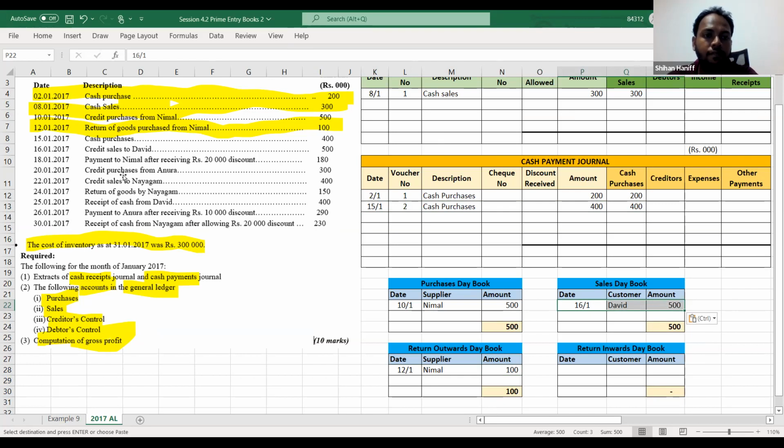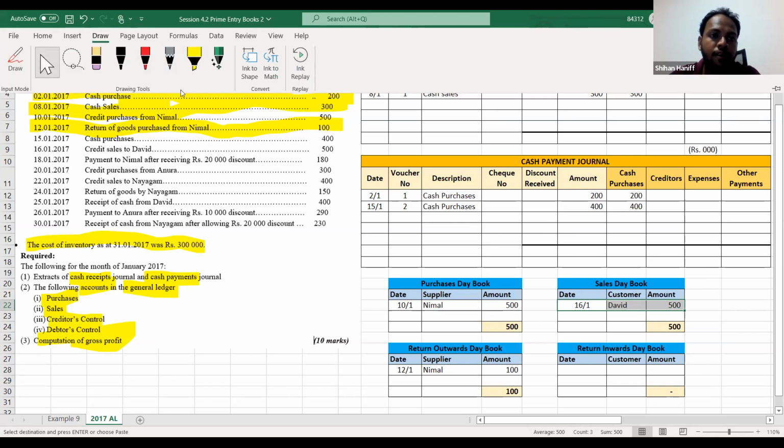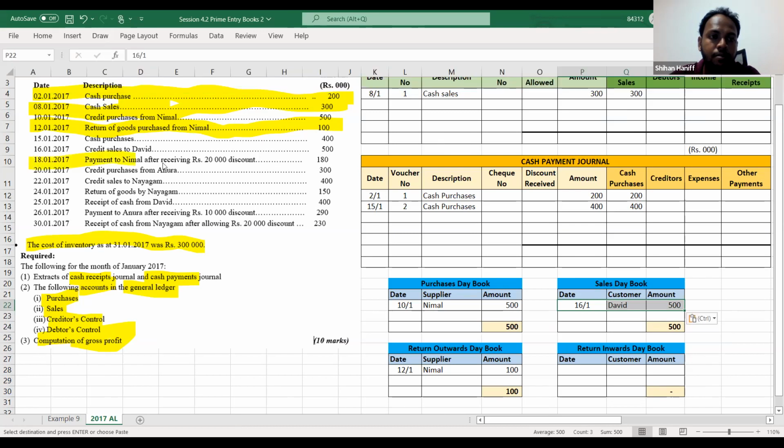Payments to Nimal after receiving 20,000 discount. So we get a discount of 20, and paid 180. The total amount of the supplier is 200,000. Out of 200,000, we paid only 180, and 20 discount.